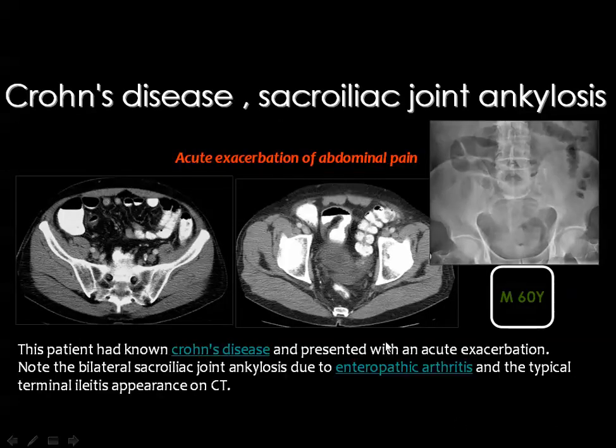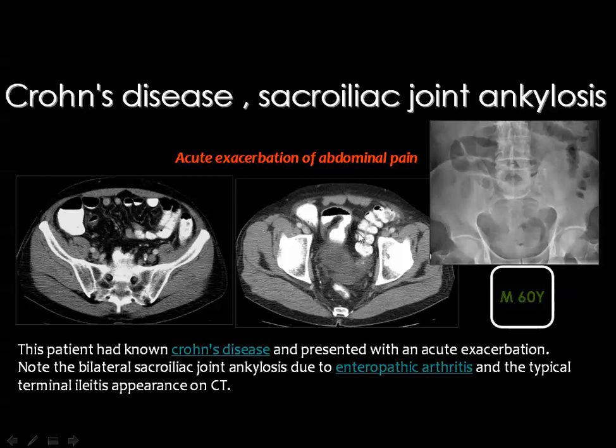And this is a patient with Crohn's disease. And you know from the lectures of the gastrointestinal tract, one of the manifestations of Crohn's disease in the bowel is diffuse mural thickening and edema associated with stranding of the colic and intestinal fat planes.